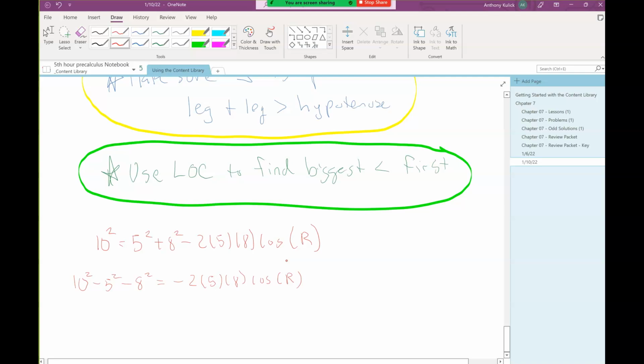What's it doing to the cosine R? It's being multiplied, right? So to move that over, we have to divide. So divide both sides by the -2 times 5 times 8.